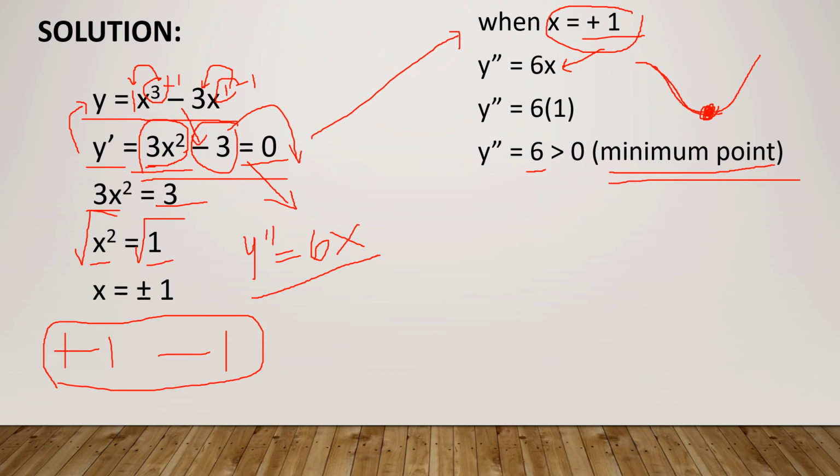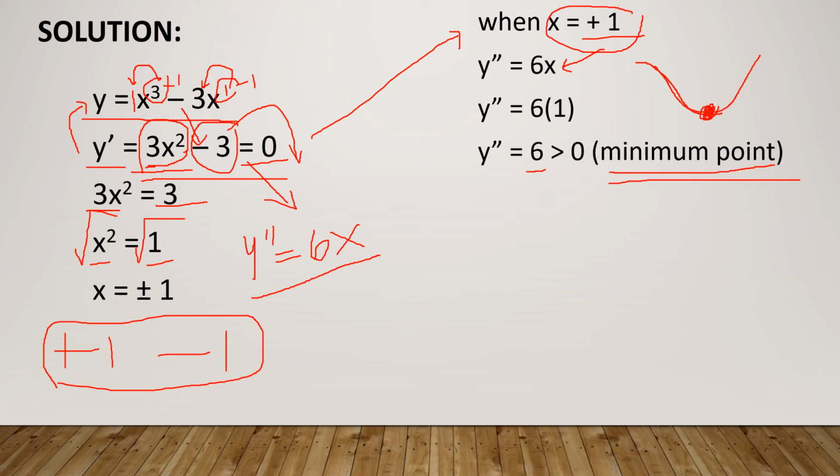That's why we consider this one as your minimum point. And when your double prime is a negative value, it will represent a concave down. So that will be your maximum point now.